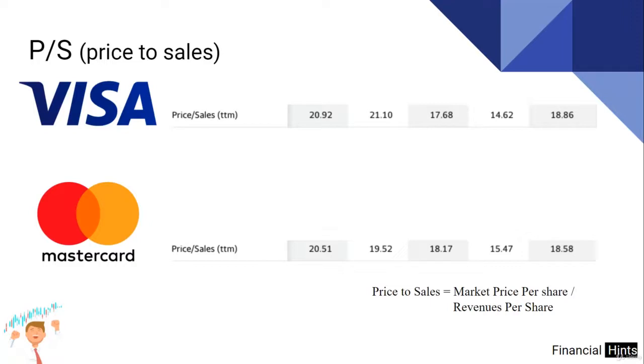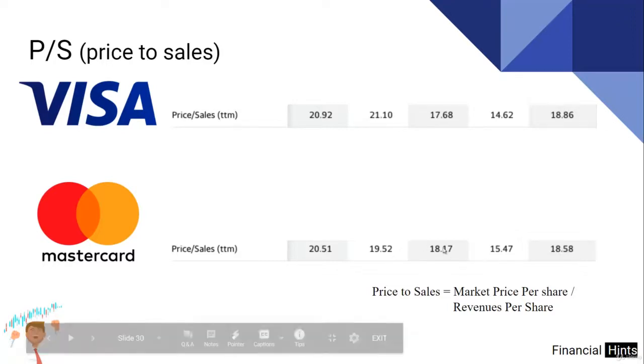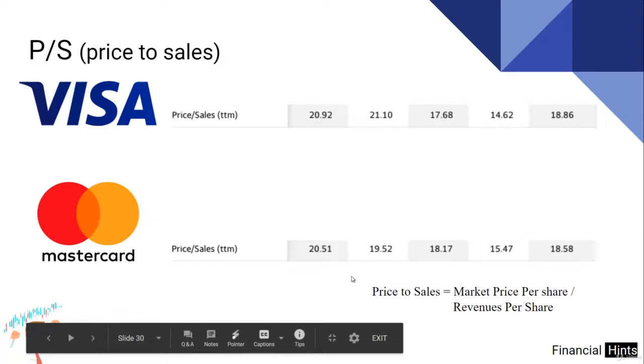So 20.51 for MasterCard and 20.92 for Visa, and they are basically similar. And what you can see here are the fiscal years. In 2016 the price to sales was lower, but it is constantly increasing to 20.51 in the last 12 months.